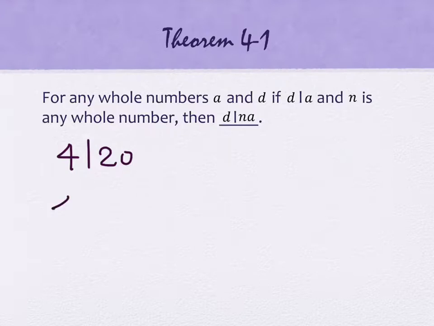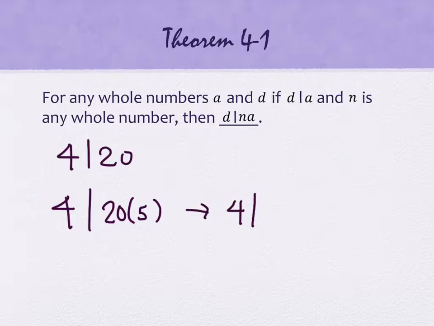What this means is that 4 divides 20 anytime 20 is multiplied by something else. Somebody give me a whole number that 20 could be multiplied by. 5. Okay, so 20 times 5 would be 100, right? So does 4 divide 100? Yes, it does, right? No problem. It's 25 if I were to divide it.